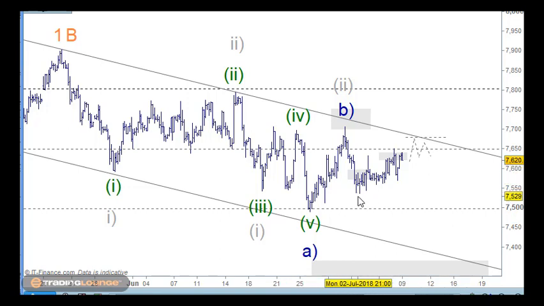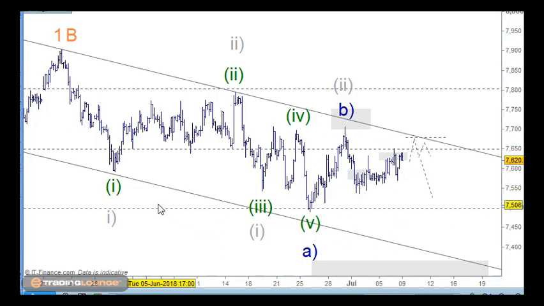The move up from here into this box here, it's not a 5-wave structure, it's 3. It's an A and a B and a C here, so it's bearish really. So we should be seeing it move down through here, but there can be just one more little push to the upside. I don't understand this whole count in this little area here.